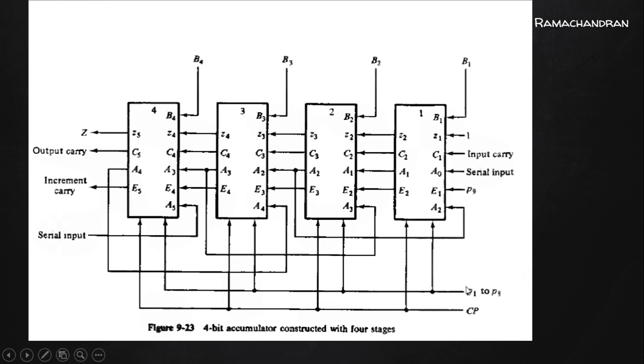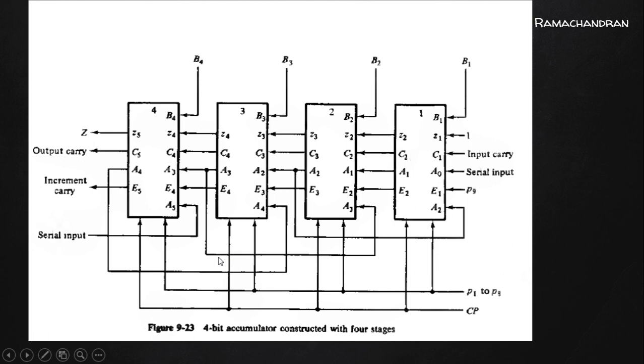And for other operations like logical operations, condition checking, shifting operation and everything, the control variables, that is P1 to P8, are connected to all the 4 stages directly. And also we need to provide the clock pulse to each of the stages.